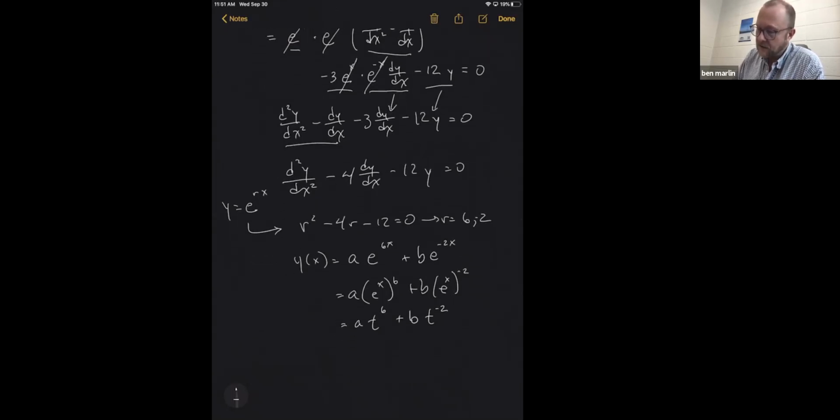Well, that tells us that our y is going to be a e to the 6x plus b e to the minus 2x. And that's nice because e to the 6x is really e to the x and then to the 6th power. But this e to the x was t. Same thing with the other part there. So we end up getting the same solution when we transform it back as a function of t.